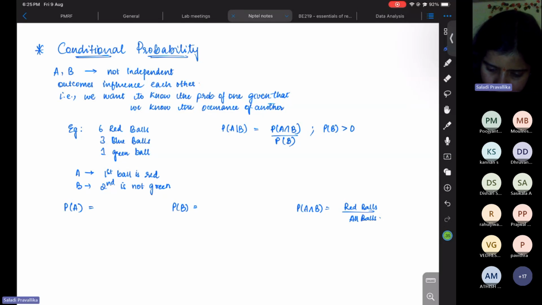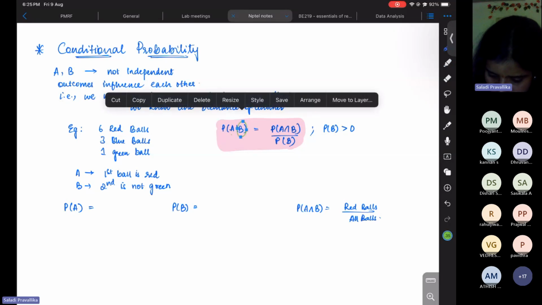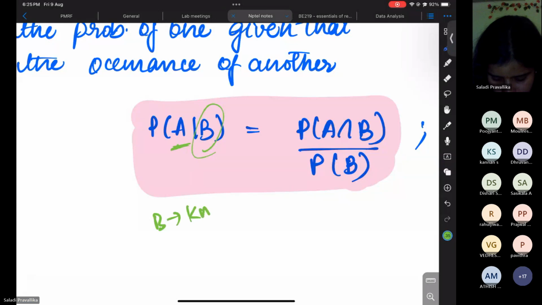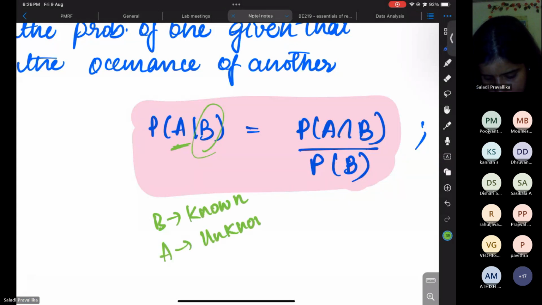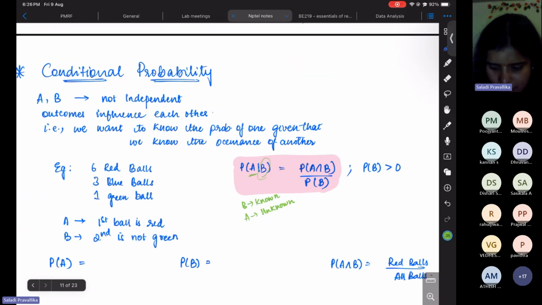And it is given by this formula. If I want to know A when B is given, okay, B is known in this formula and A is unknown, then the formula is P of A intersection B by P of B. So P here is the probability, and we all know that.